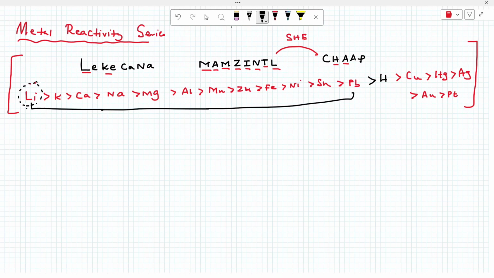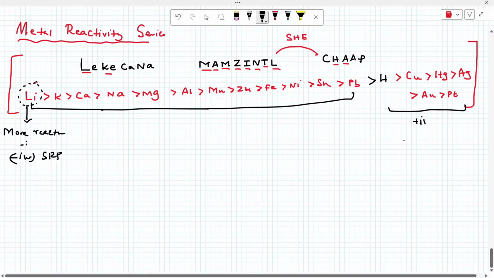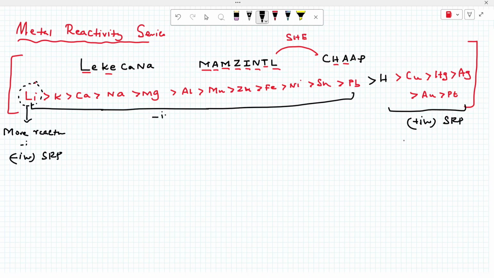This is more reactive as well as minus SRP. Also, these are more metallic character due to more negative SRP. Okay. Now it's very important. Please note. This side is full of positive value of SRP. This is full of negative value of SRP.